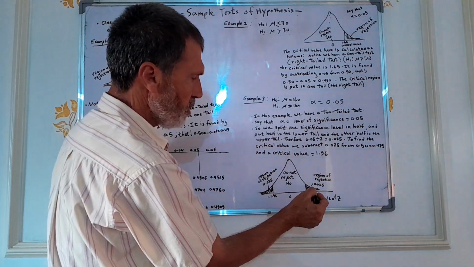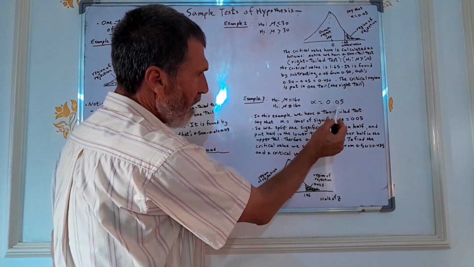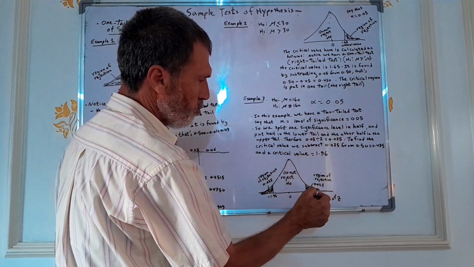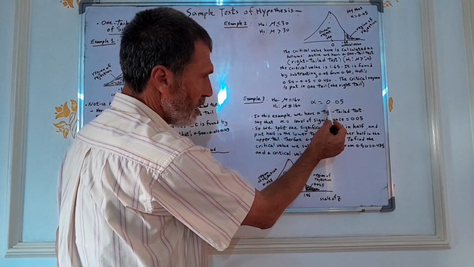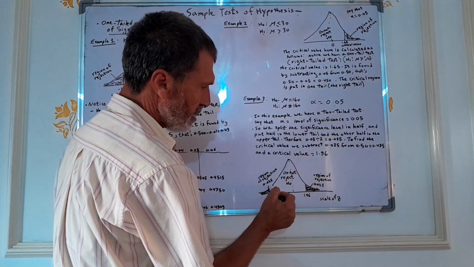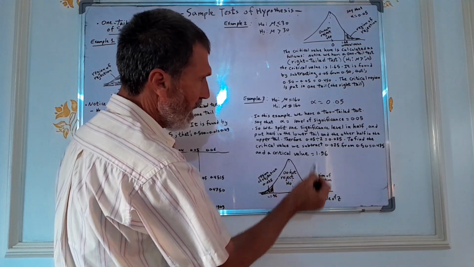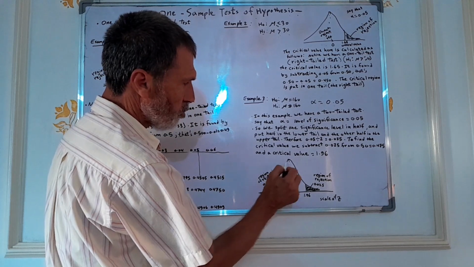Why? Because we have a two-tail test. So half of 0.05 is going to be in the upper half of this standard normal curve, and the other half is going to be in the lower half.